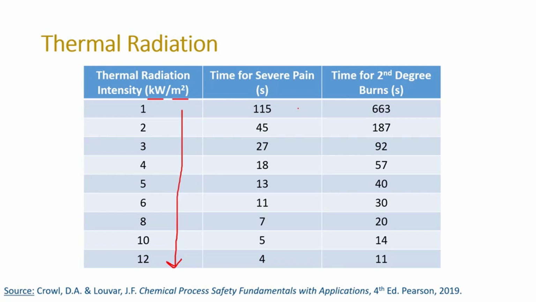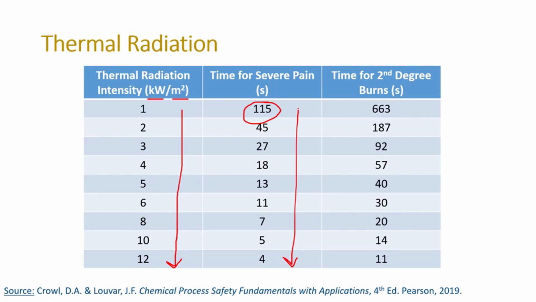So we see 115 seconds, about 2 minutes, for severe pain at 1 kilowatt per square meter. As that increases to 12 kilowatts per square meter, the time to severe pain decreases to 4 seconds, so very quick.